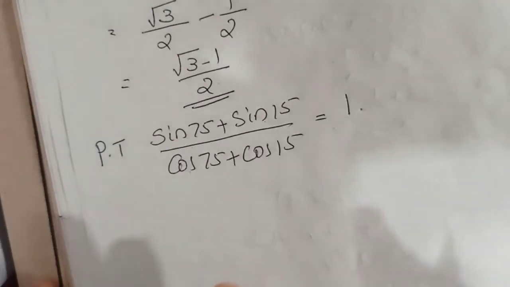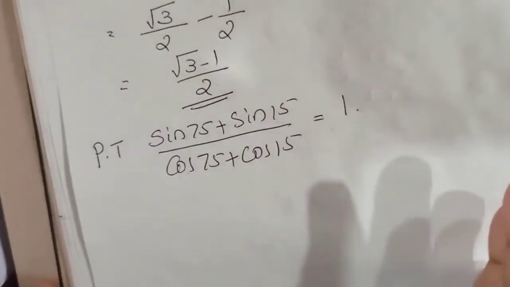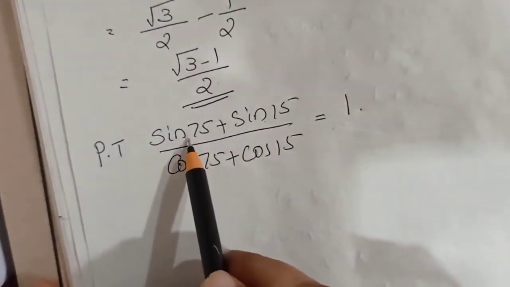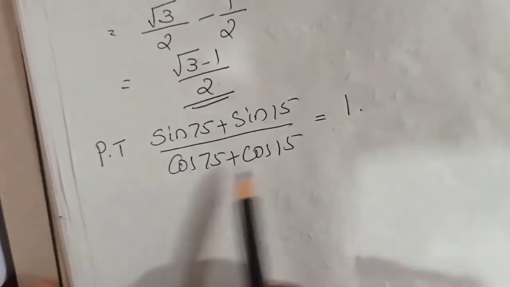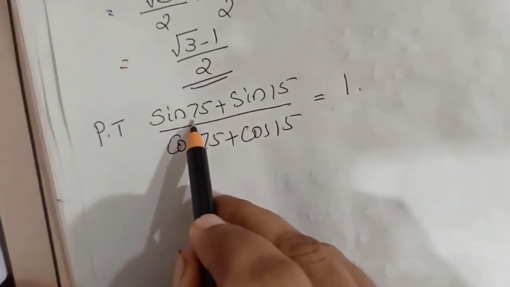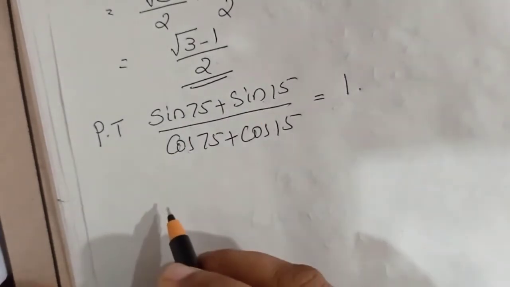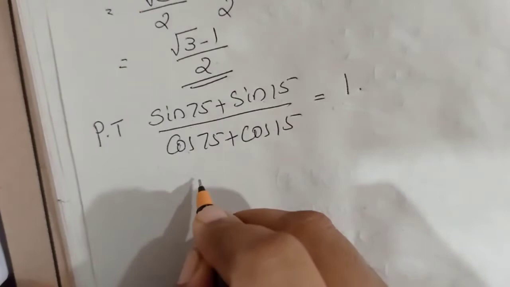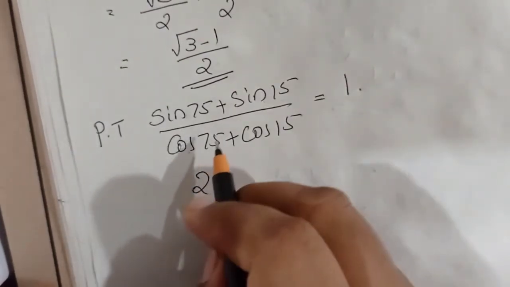When we convert this sum or difference into product, we can write it in both sin or in both cos. Then can you say what is the formula for sin C plus sin D? Say loudly.